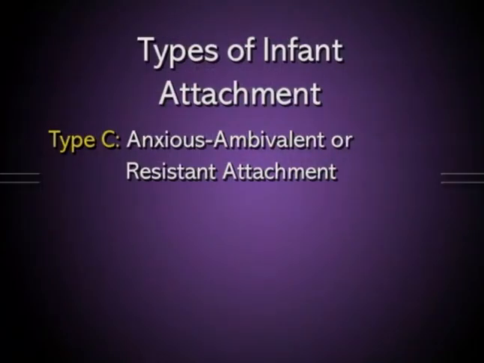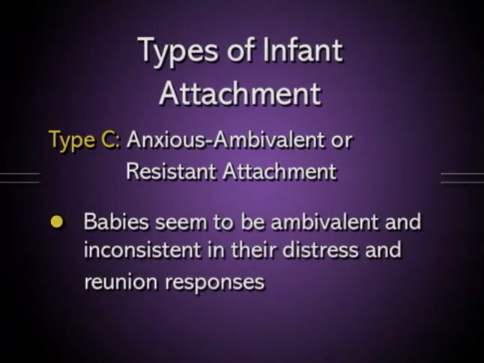Type C, you could argue, is maybe at the other end. Type C, she called anxious ambivalent attachment or resistant attachment. It goes by two names: anxious ambivalent, my favorite name, or resistant attachment. Babies in the ambivalent case seem to be inconsistent in the distress they show when they're separated and in their reunion responses.